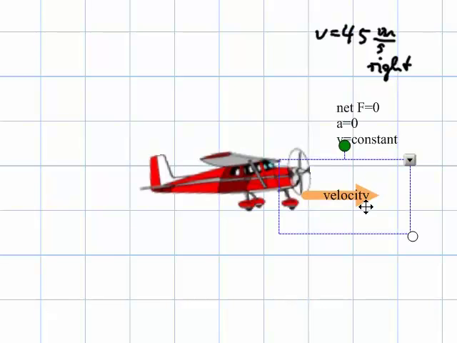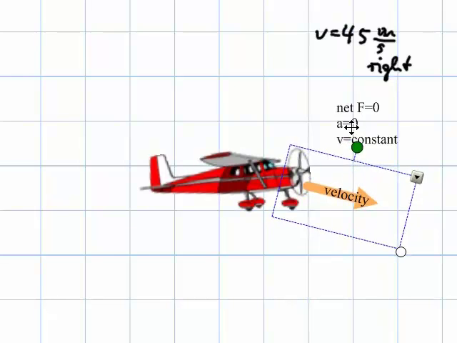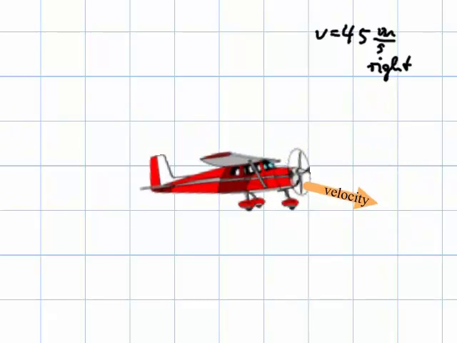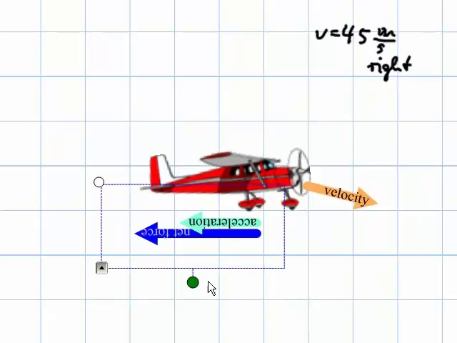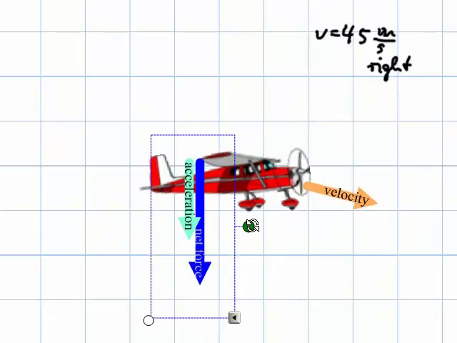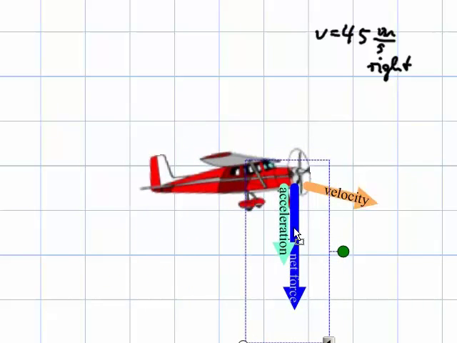But now I want to land, which means I have to go down. In order to do so, I need a force, and that force needs to point down. And notice that that force now changes the direction of the airplane. It's going down, so the airplane itself is going to the lower right.